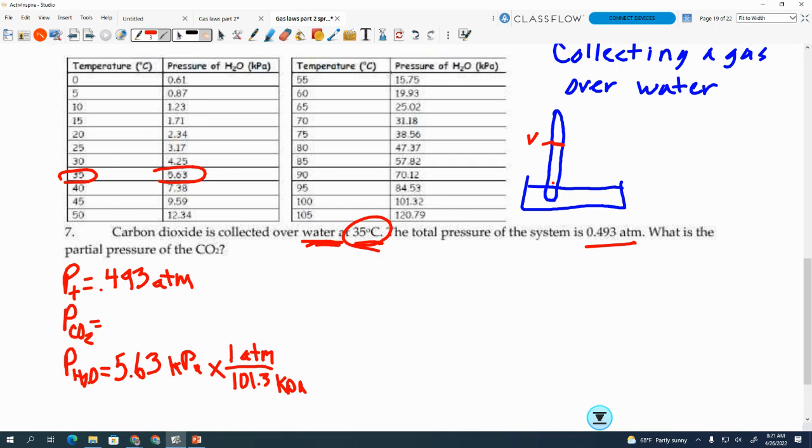All right, so 5.63 divided by 101.3 means that we have 0.0556 ATM. All right, and then from there, I'm just going to go P total minus P H2O equals pressure of CO2.